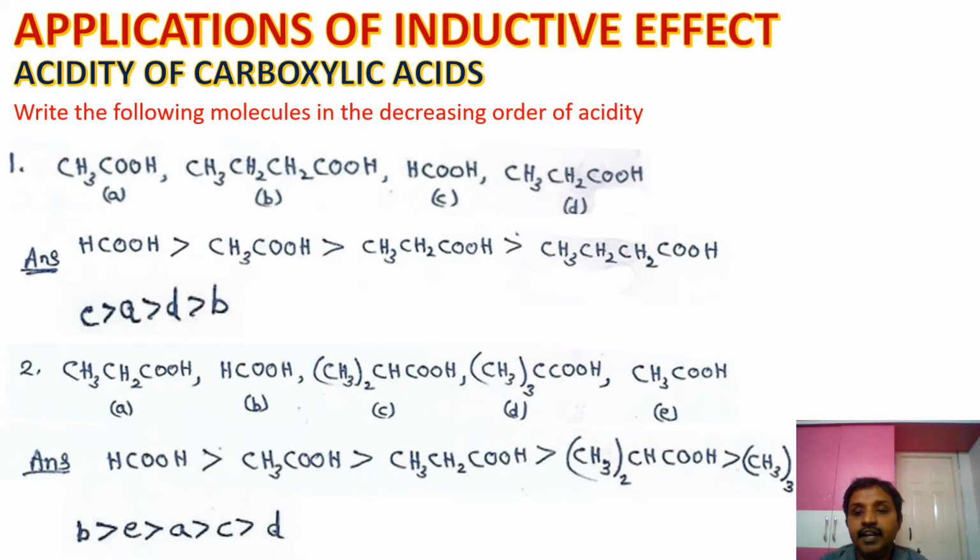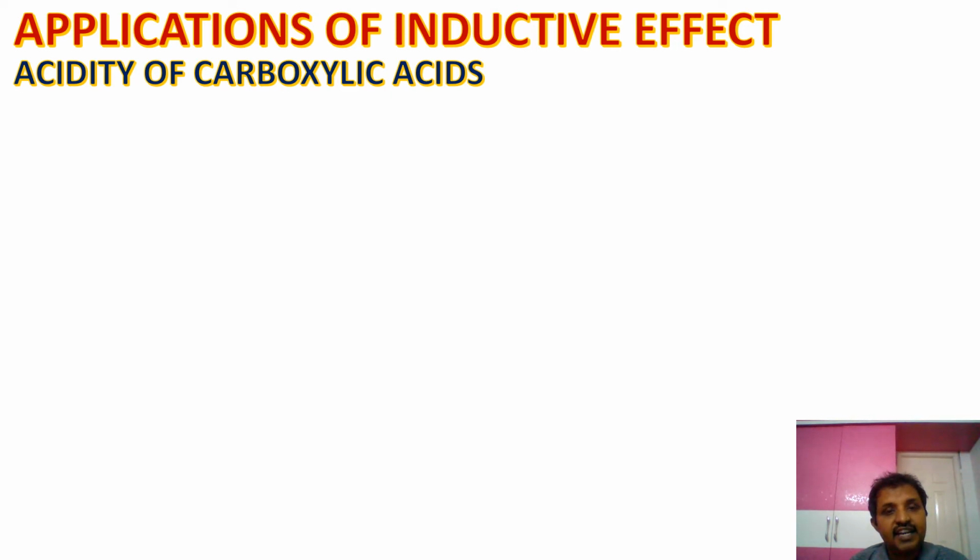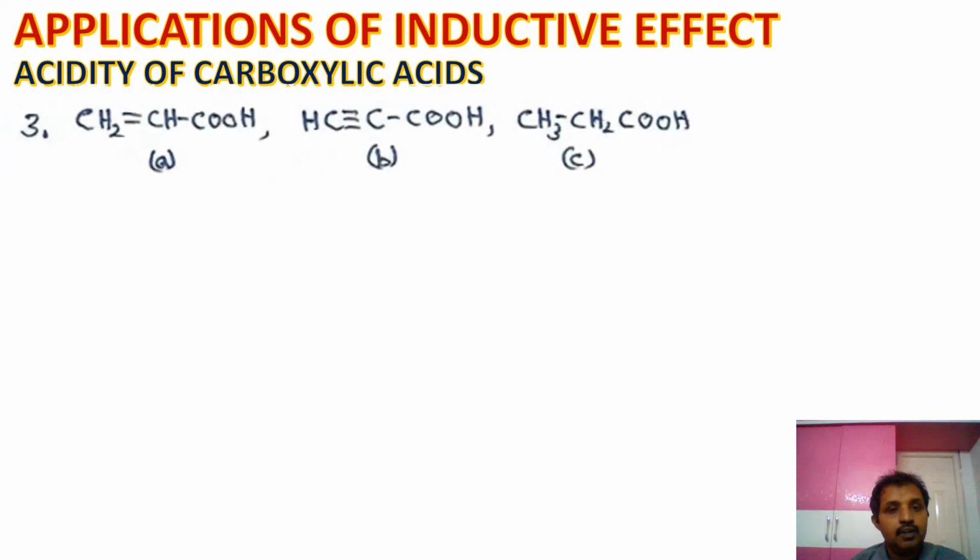Okay. Now let us discuss the next example. As a double bond or triple bond is introduced between the two carbon atoms, the acidic nature increases. Here the triple bond is between the two carbon atoms, which makes the carbon more electronegative due to the increase in the S character in the sp hybridization.